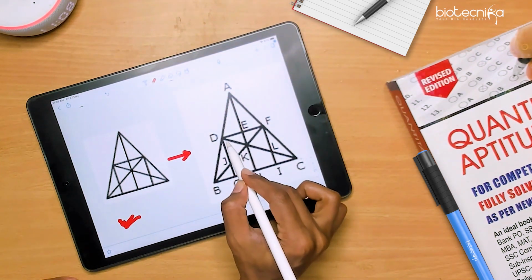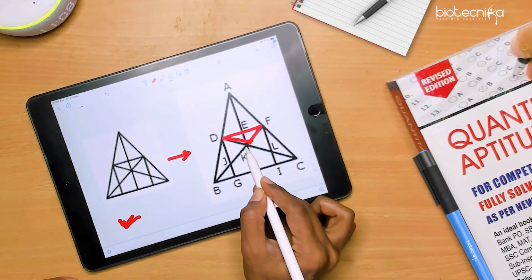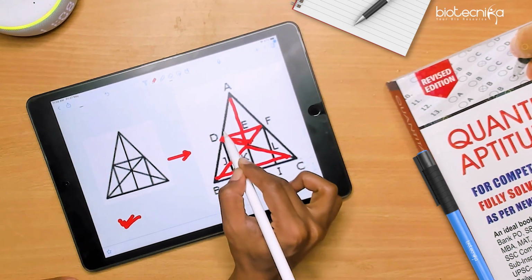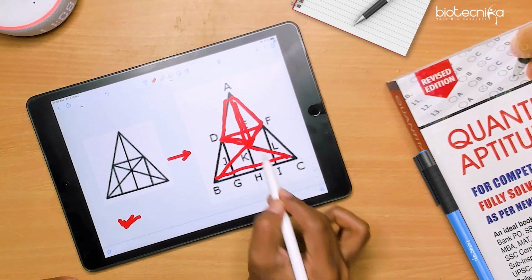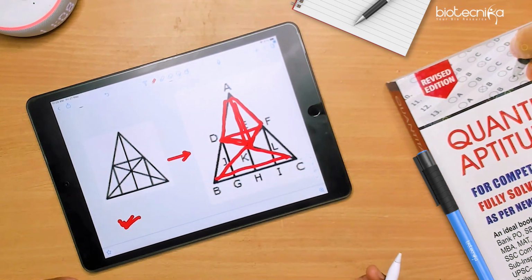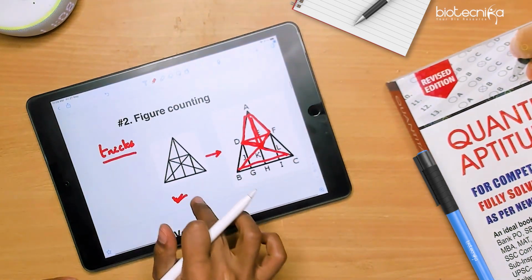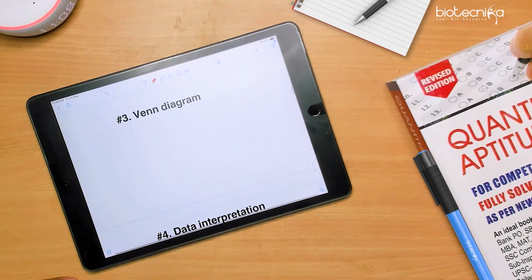So you have this small triangle, then you have this big triangle, then you have this also as a triangle, this as a triangle. Yeah, you might miss out on some things, but you have to see all the components from a pattern. So these figures are also very easy to solve.